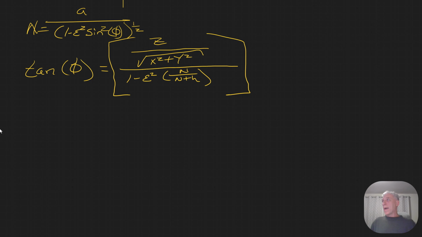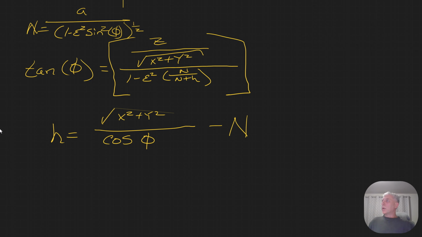So we also have h, the height from xyz, is equal to the square root of x squared plus y squared over the cosine of phi, all of that minus the length of the radius of curvature in the prime vertical.